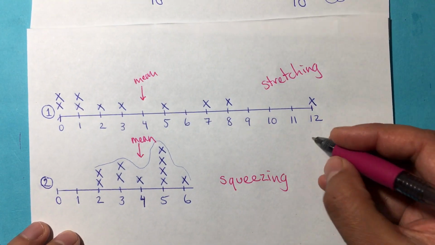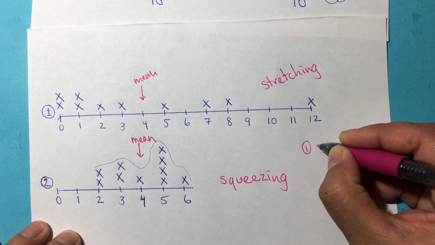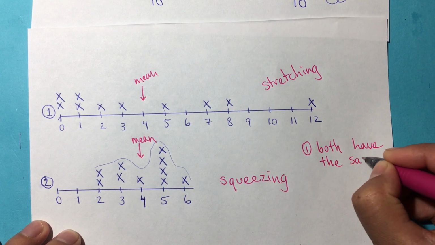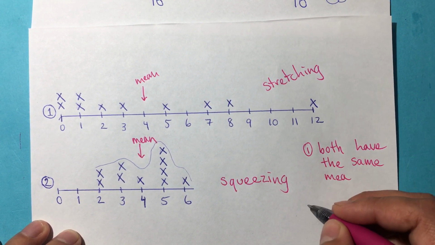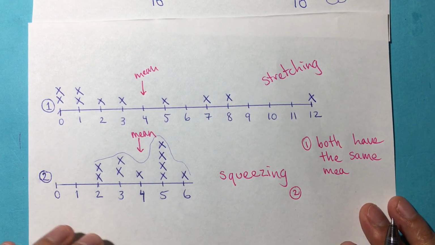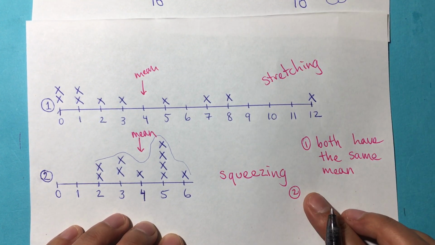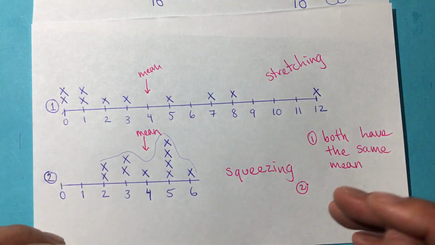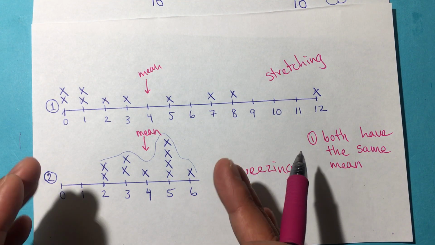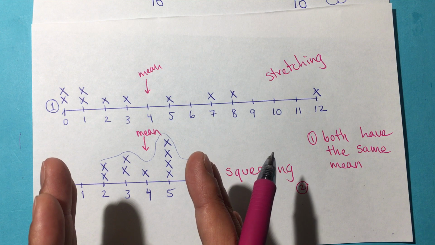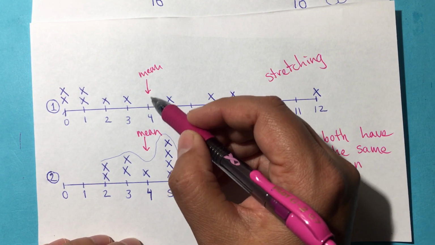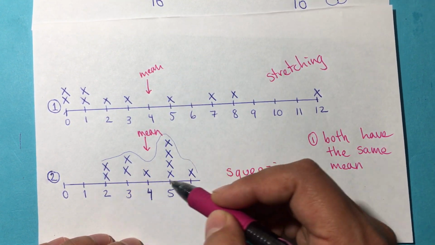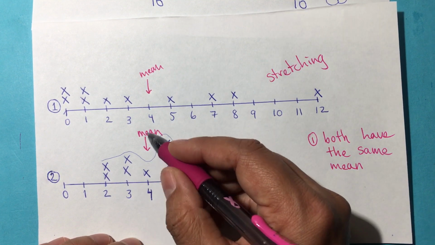So if we were to describe this information, we can say both graphs have the same mean. The second thing that we can observe is that in the first graph, the data is more dispersed, while in the second graph, they're closer together. Also, each data point is farther away from the mean, and in here each data point in the set is closer to the mean.